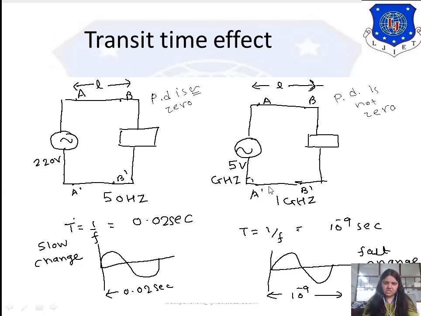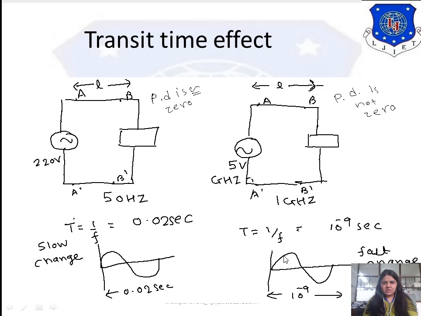But when I talk about the higher frequency and the wave wants to reach from point AA dash to BB dash, T is equal to 1 upon F, so it is nearly 10 raised to minus 9 second. So again there is a very fast change in the wave while it travels.